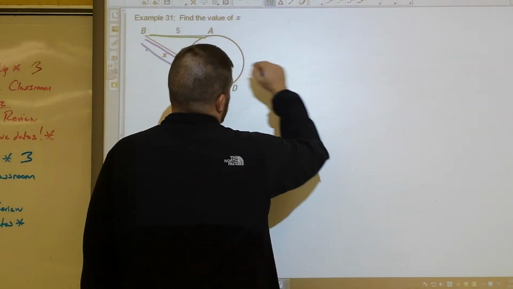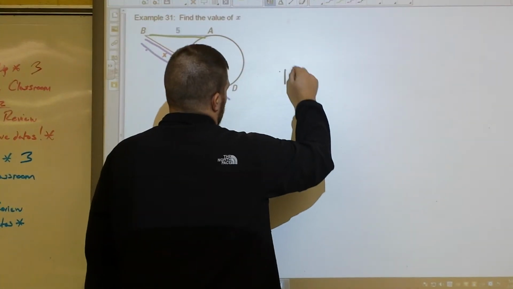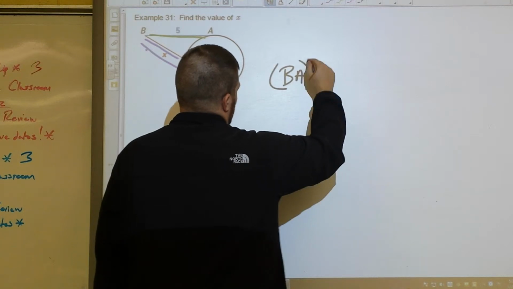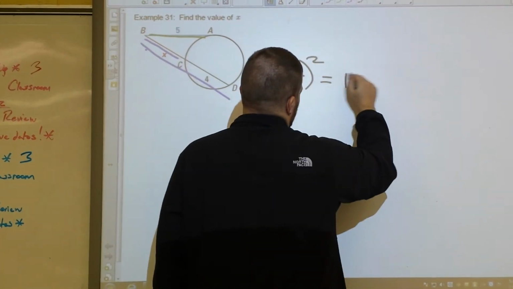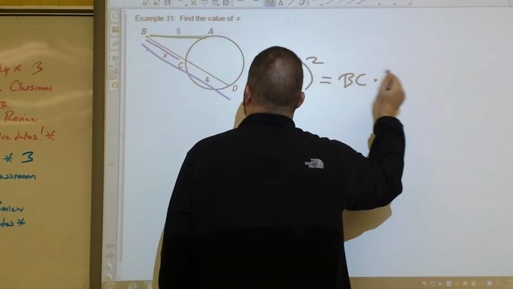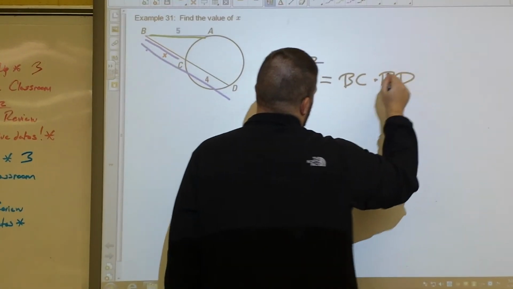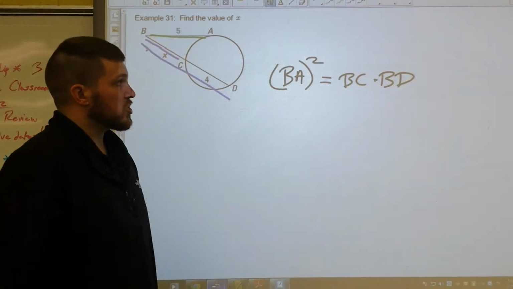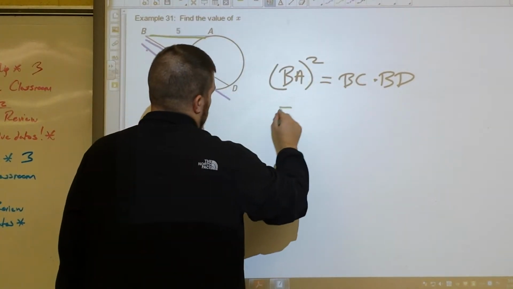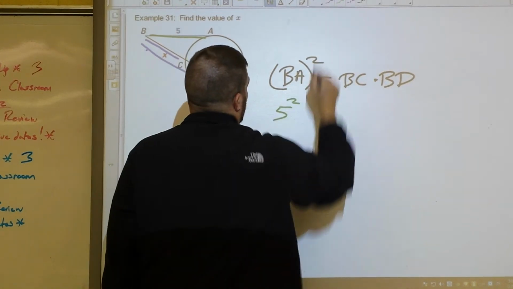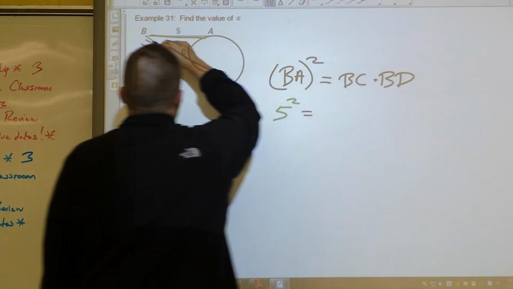I said it was the tangent squared, so BA squared is equal to the external BC times the total BD. As soon as I have my equation, I'm going to start plugging in my numbers. I know my tangent was 5, so I have 5 squared equal to my external piece.